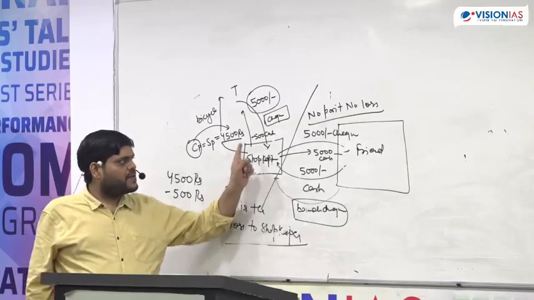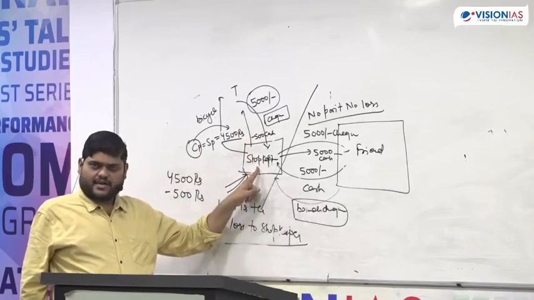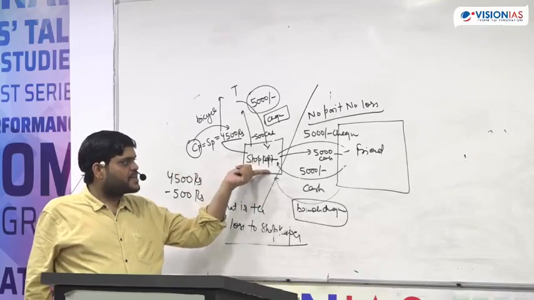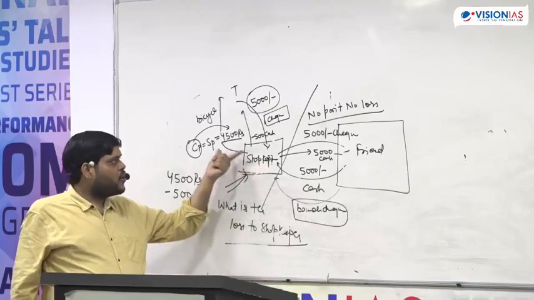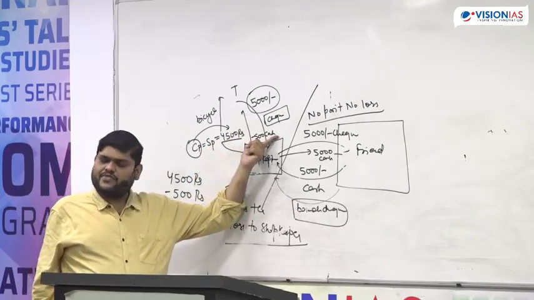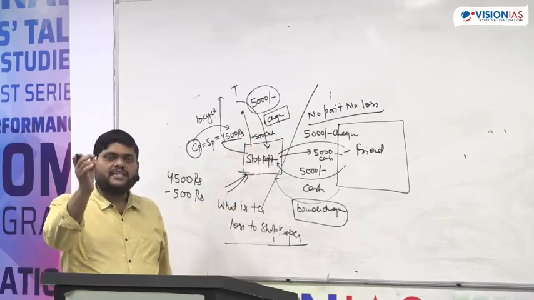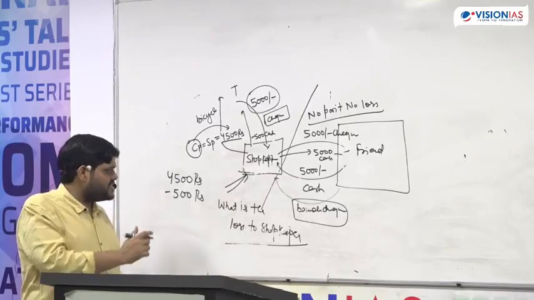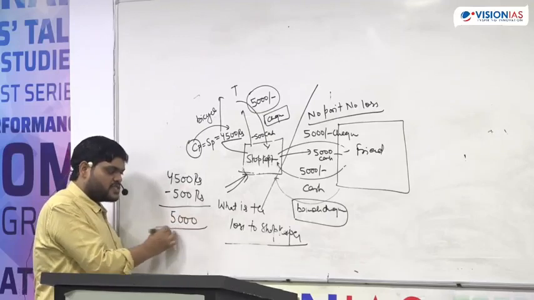And what is the shopkeeper getting? Nothing but a bounce check. So from the shopkeeper's pocket, this bicycle is going, along with this 500 rupees. And the shopkeeper is getting nothing. That means the overall loss is 5,000 rupees.